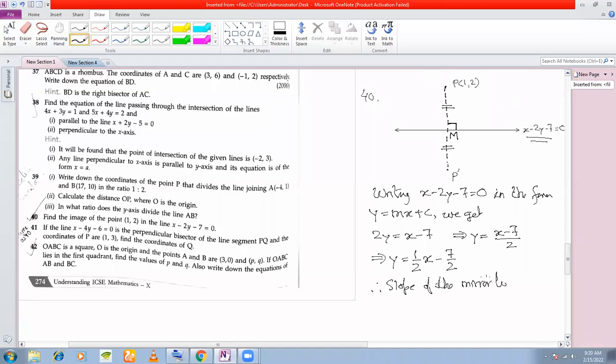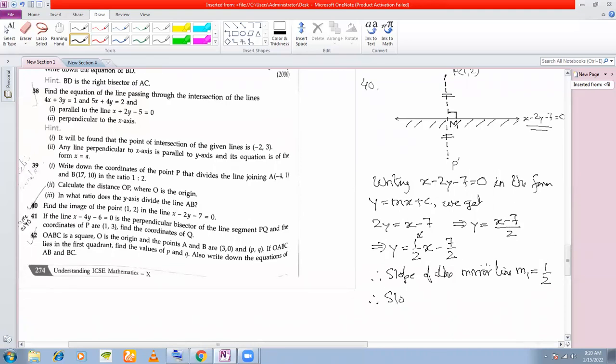Slope of the mirror line, let's call this M1. Okay. This is your mirror line. And what is the slope of this line we have got? Half. Right? This coefficient of x. Now, what is the slope of the line PP dashed?